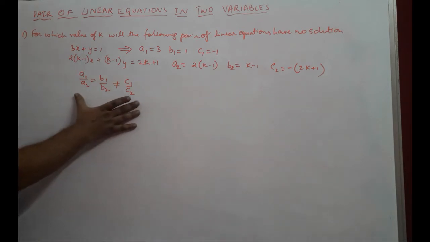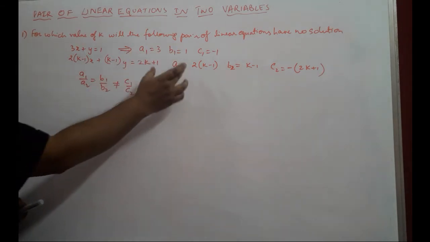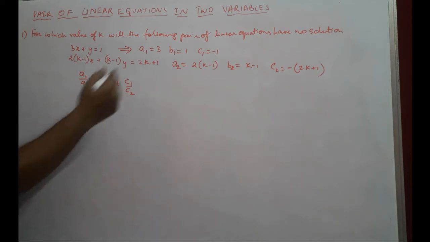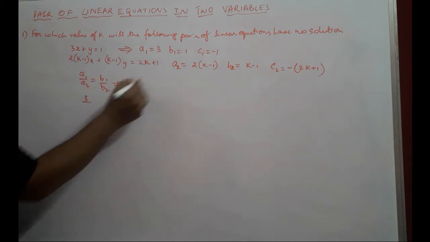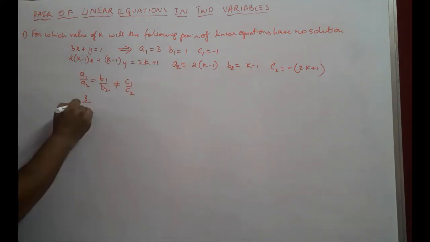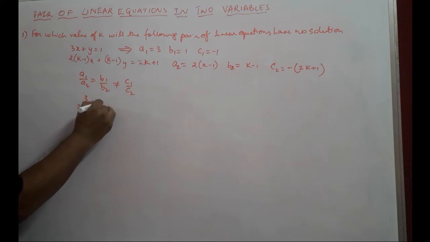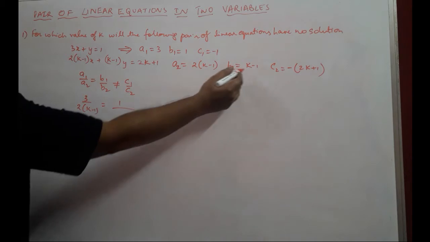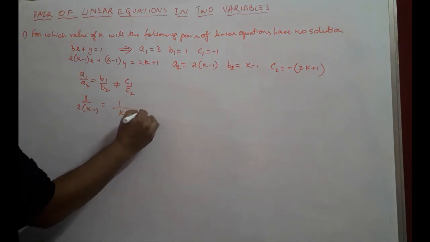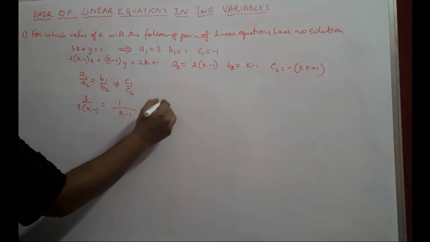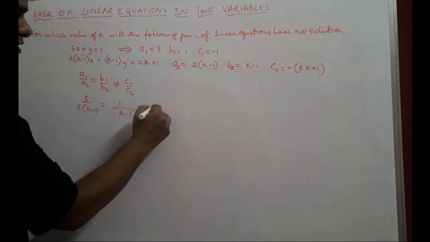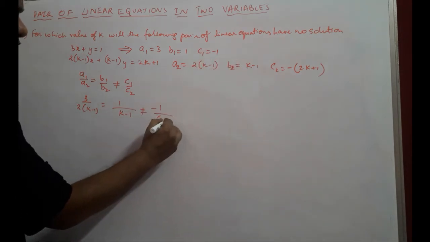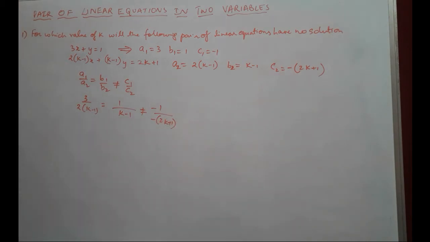Now as per this equation, let's put whatever we've got over here, the coefficients in these ratios. So A1 is 3, A2 is 2 into k minus 1 equal to B1 is 1, B2 is k minus 1, and this is not equal to C1 upon C2. C1 is minus 1 and C2 is minus 2k plus 1.